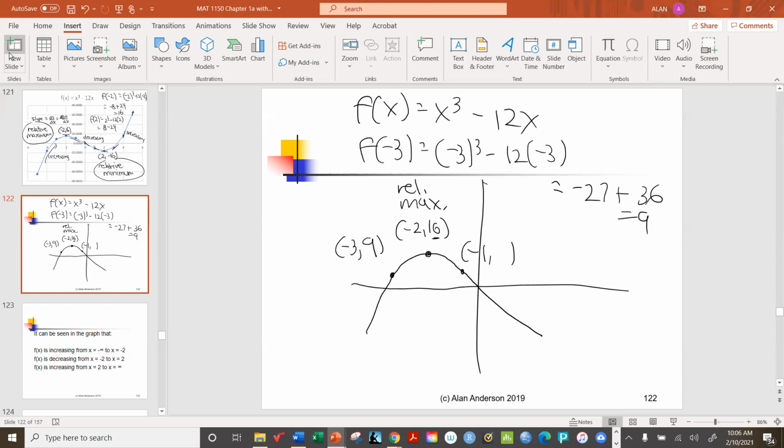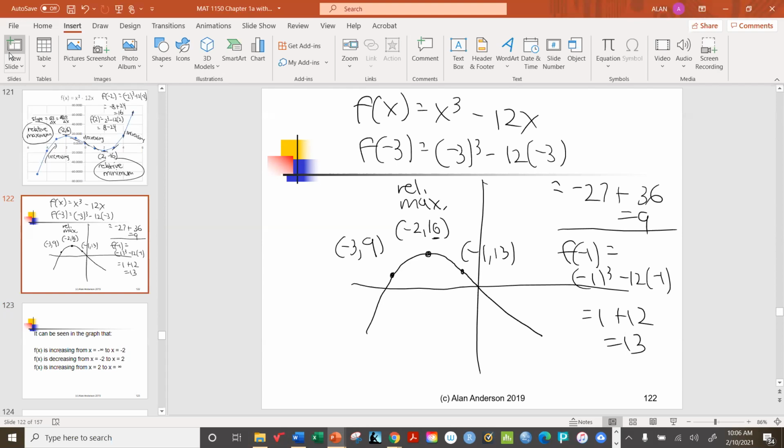And 9 is in fact smaller than 16. Now let's try that again for negative 1. That's going to give us negative 1 cubed minus 12 times negative 1. Negative 1 plus 12 is 11. Again, 11 is less than 16.